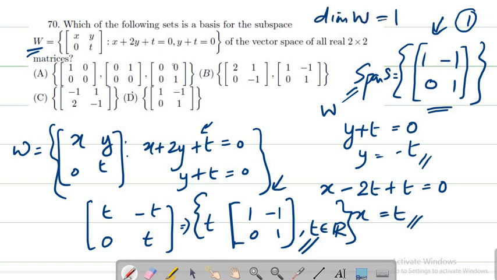So Option D should be the correct answer. The other options are not true: if this were the basis, we would have 3 as the dimension, and if B were the basis, we would have 2 as the dimension, but we have dimension of W as 1 only. So this is done.